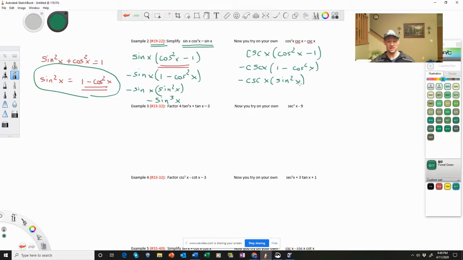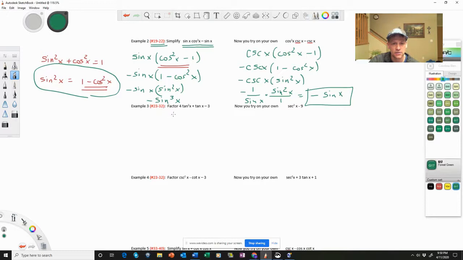That's just 1 over the sine. So what I really have here is -1 over the sine of x times the sine squared of x over 1. These kind of cancel out, and you're left with negative sine of x. And that should have been your answer. Did you get it right? I hope so.